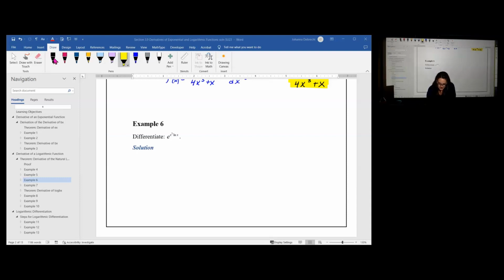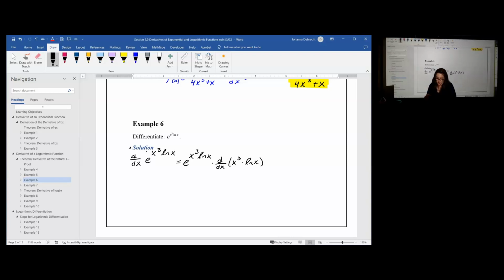When we look at this particular one, we're going to start by saying that the derivative with respect to x of the exponential, e to the x cubed natural log of x, would be the exponential, e to the x cubed natural log of x, times the derivative with respect to x of x cubed times natural log of x.